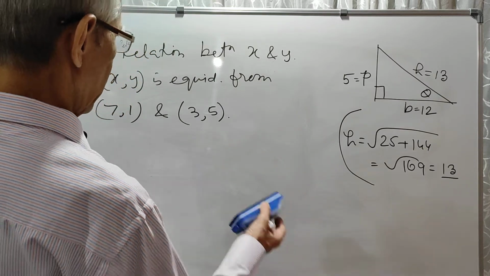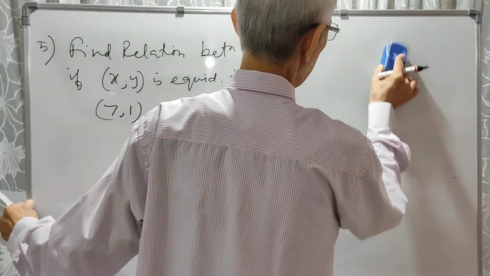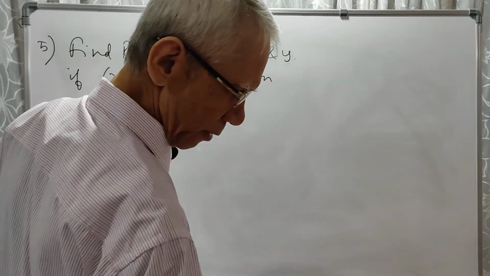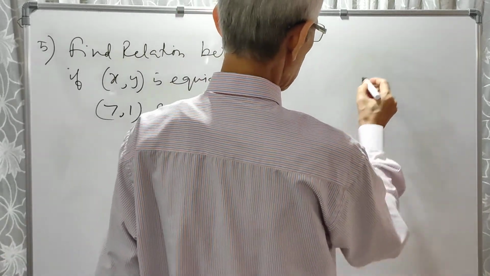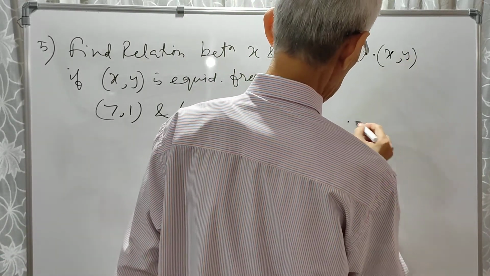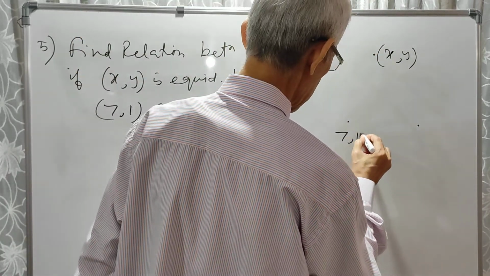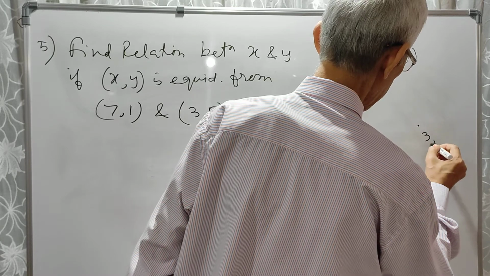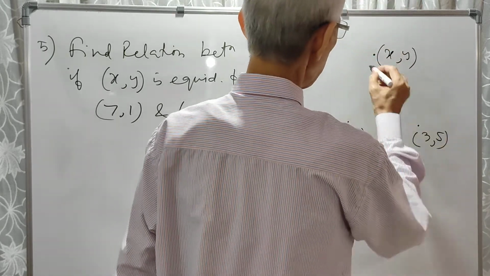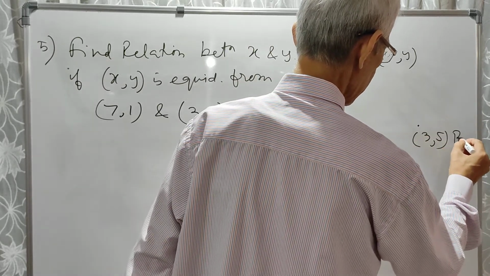Now, for this question, you have to draw a diagram that will help you. So this is point x, y, and these are the 2 points given, 7, 1 and 3, 5. Suppose this point is P, this point is A, this point is B.